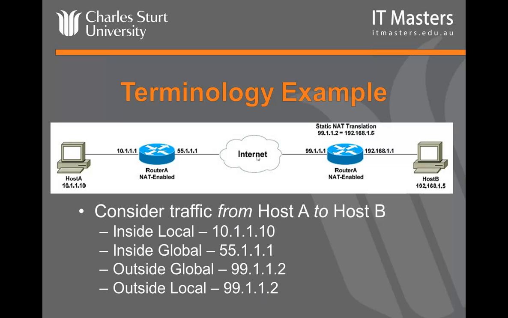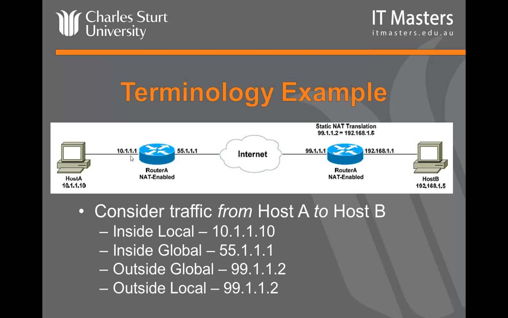But we're considering traffic from A to B, so the inside local is 10.1.1.10, the inside global, how the inside host appears to the outside world, is 55.1.1.1. The outside global of the host we're trying to get to, which is host B, is 99.1.1.2, and the outside local is also 99.1.1.2 because we're considering it from this perspective over here.